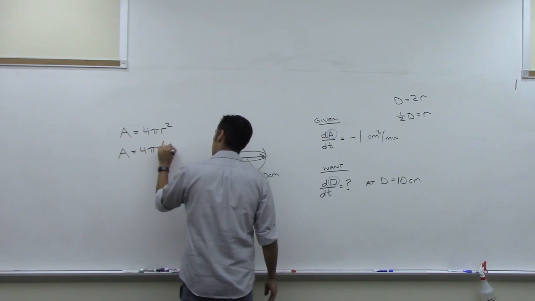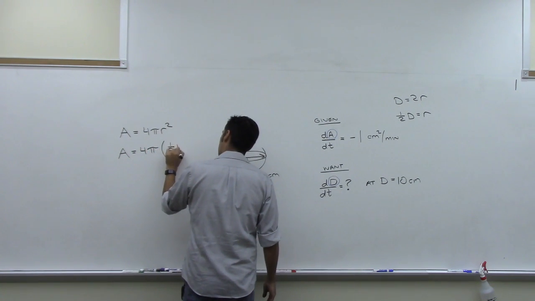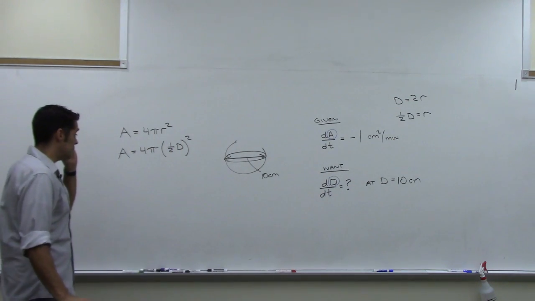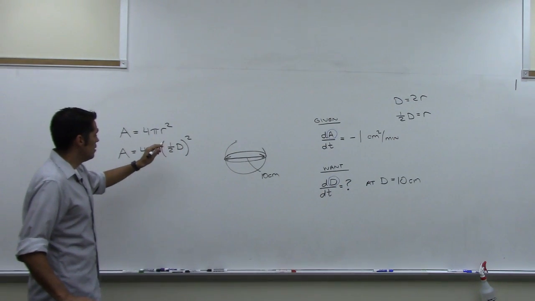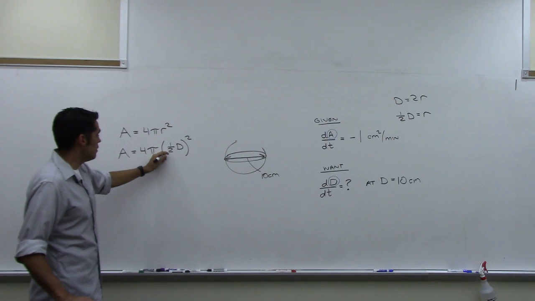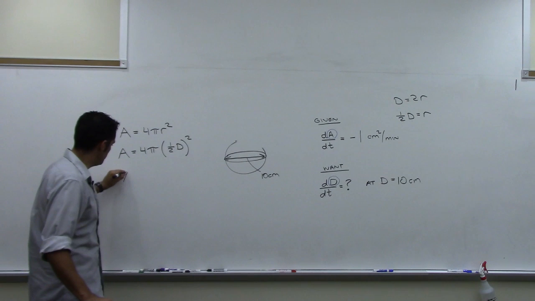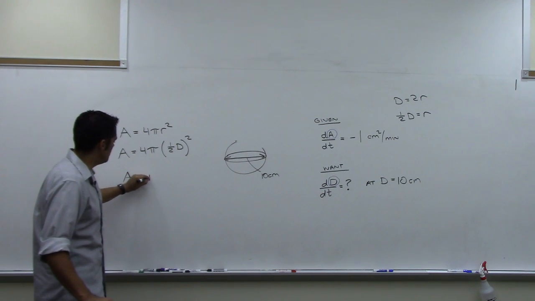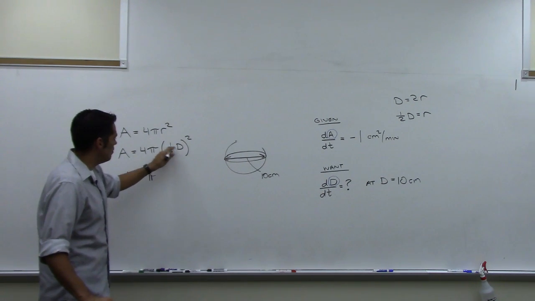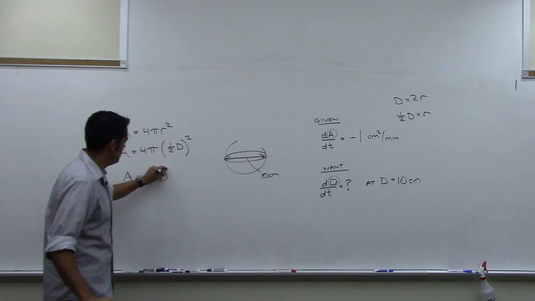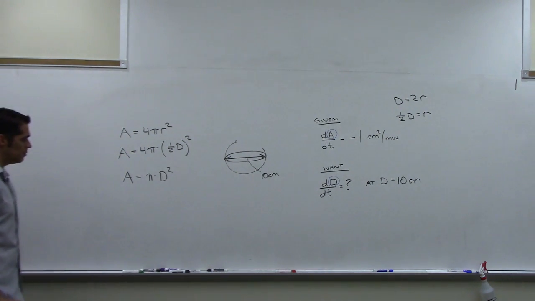But be careful, it's being squared, so I'm going to put (1/2 d) squared. And the importance of putting in parentheses is that you have to square the half. So you square 1/2, you get 1/4. You can bring that out, and it cancels out with that 4. 4 times a fourth is 1. So you're still going to have just pi here, but now the constants are gone except for pi, and then you have capital D squared. And that's actually a pretty nice formula.